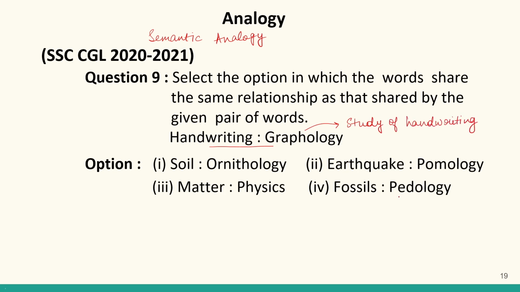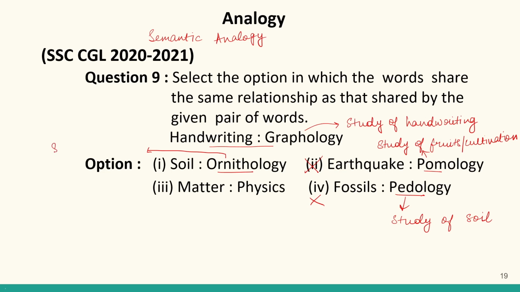Similarly, pedology is the study of soil. So this option is wrong. Pomology is the study of fruits, or you can say their cultivation. So this option is also wrong.